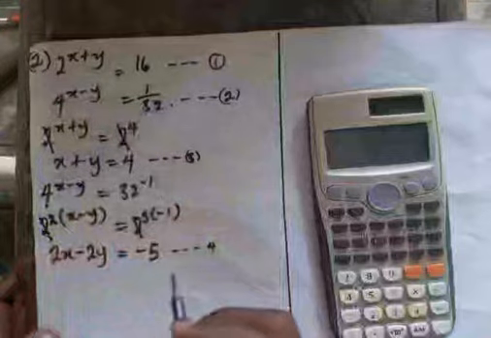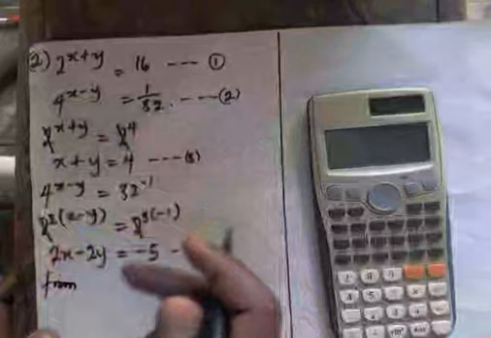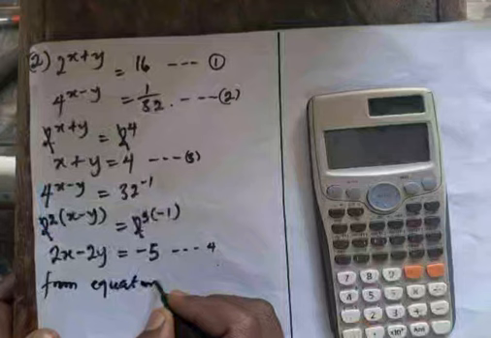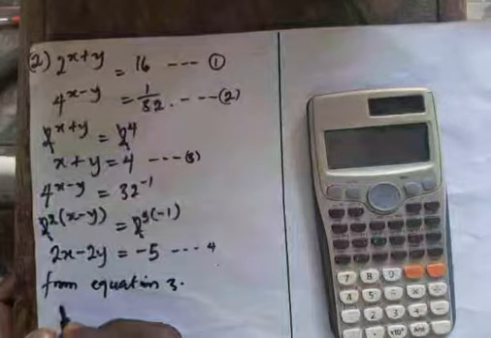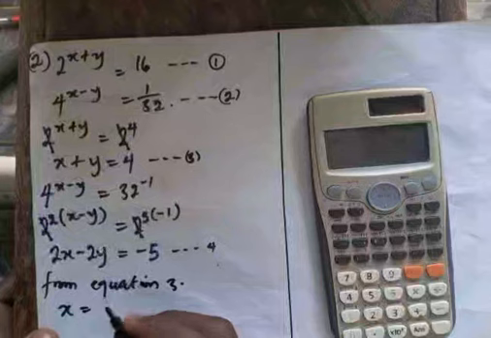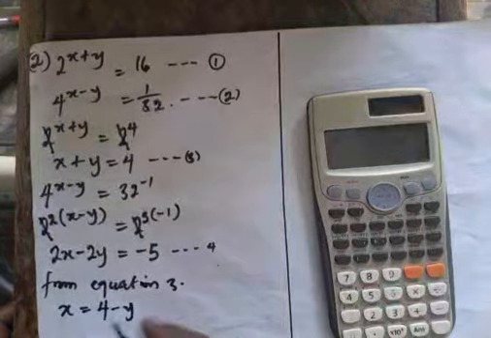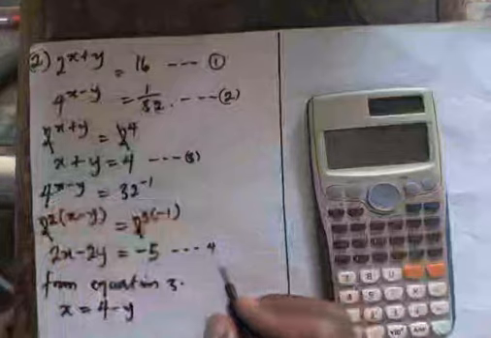In simultaneous linear equations, we are using the substitution method. From equation 3, we can make x the subject of the formula. From equation 3, my x equals 4 minus y. So we can simply substitute x in equation 4.